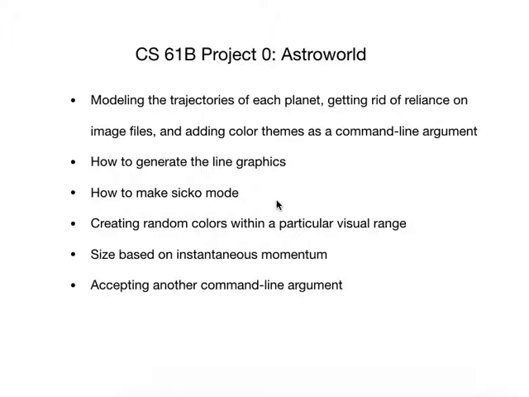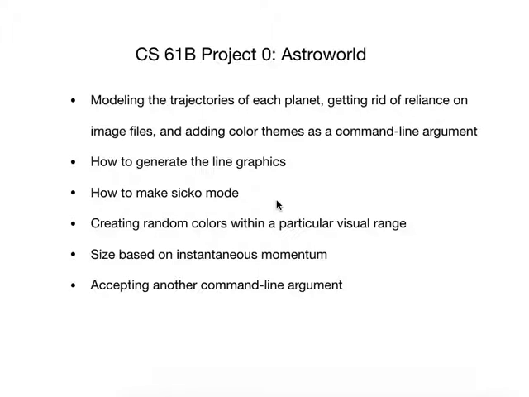And then we would calculate the average momentum of all of the planets at that particular moment in time. And then each planet's particular radius would be calculated according to that ratio.